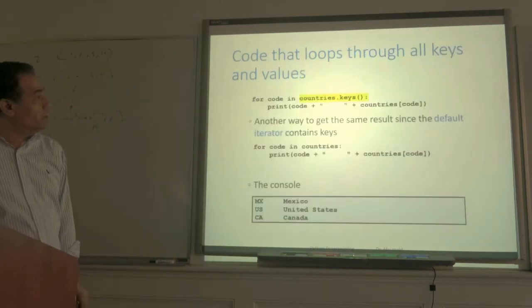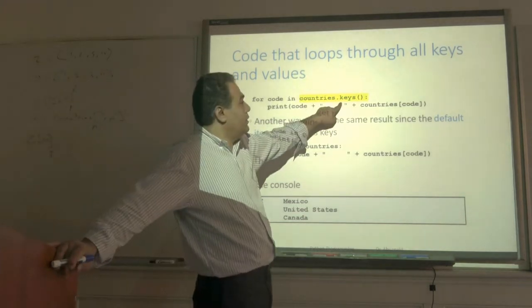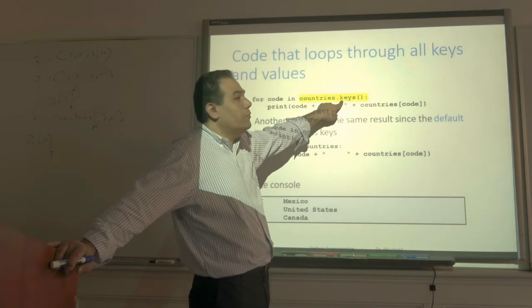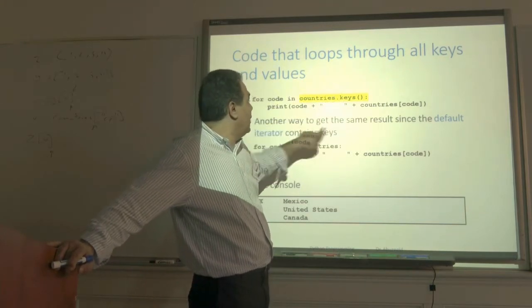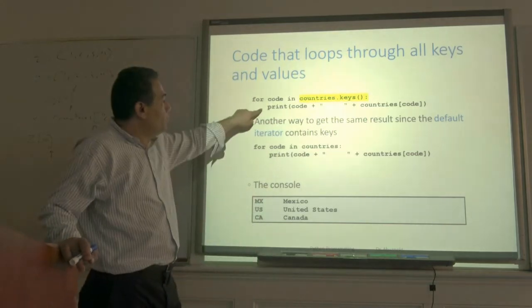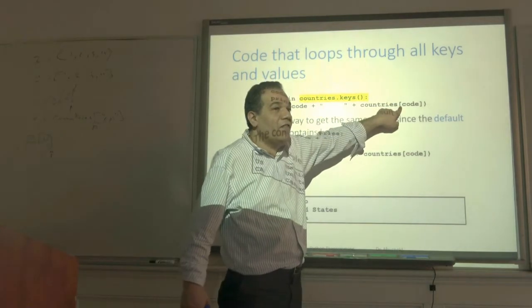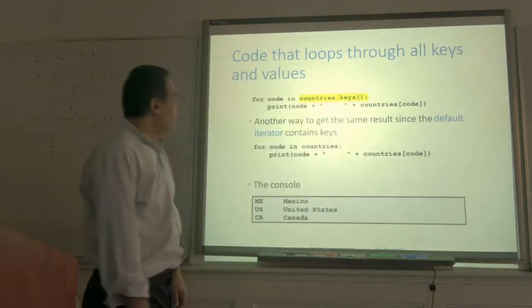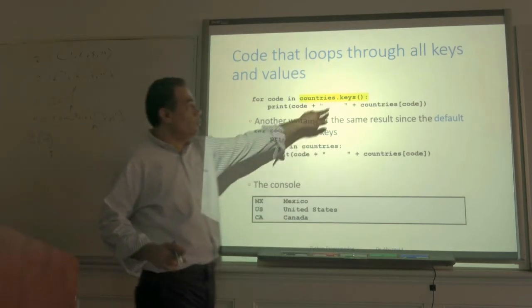Let's try it out. So for code in countries dot keys. In here, what am I looping through? The keys. Then I'm printing the code, which is MX, and then I'm getting the value. So keys will give me what?